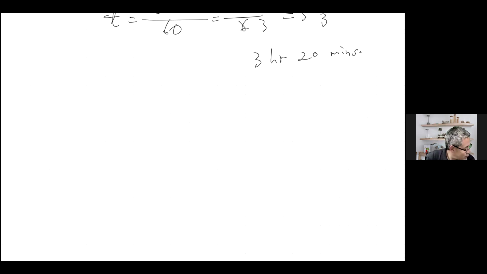Like, for example, let's just have a person. Let's say the person is David, and he drove from city A to city B at 65 miles per hour.